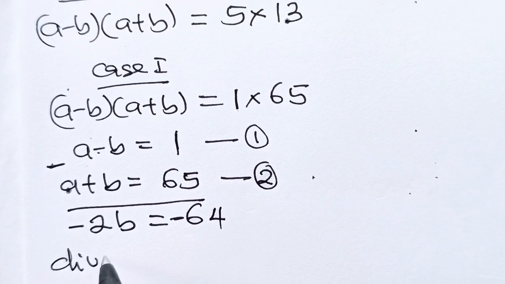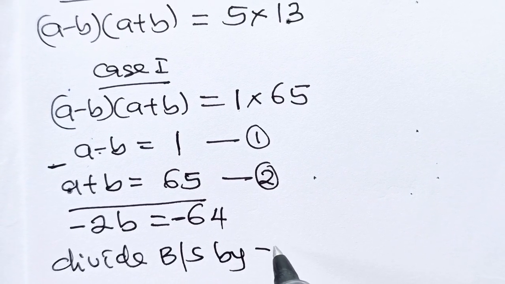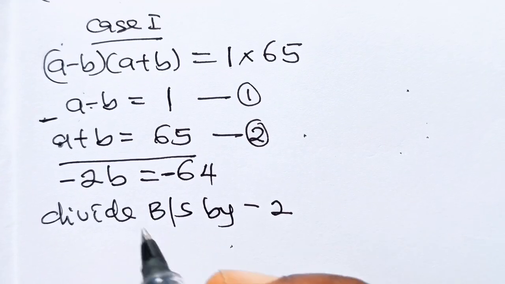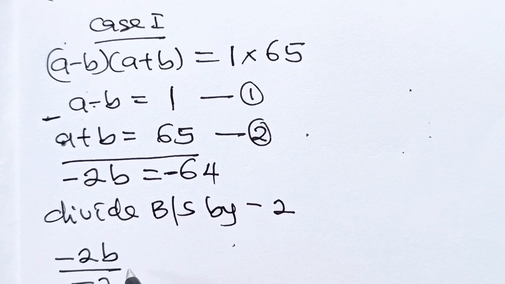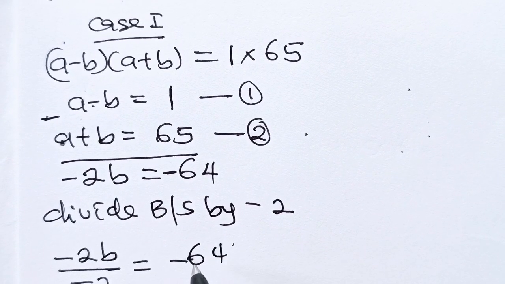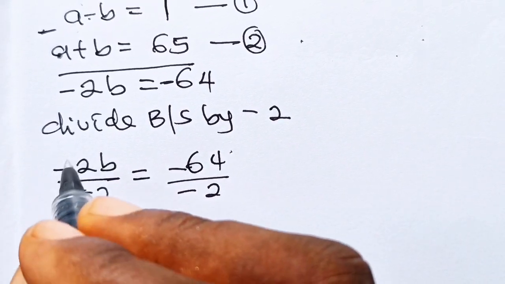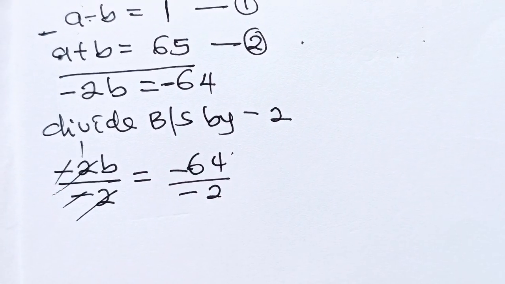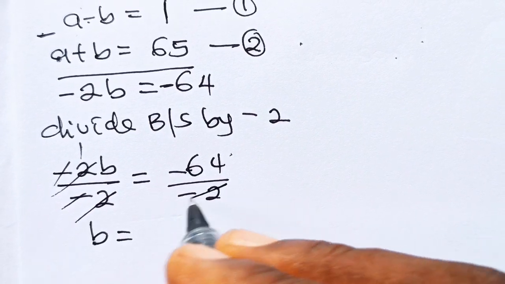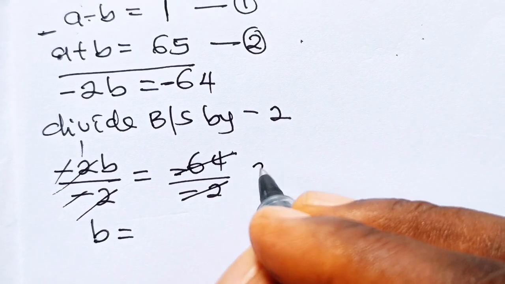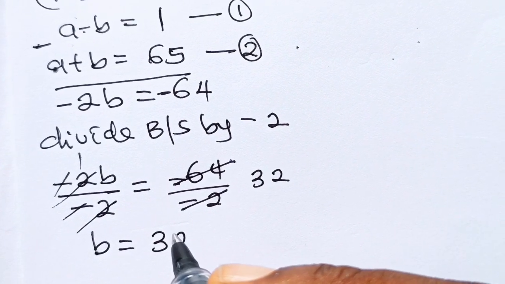Now let us divide both sides by minus 2. Minus 2b divided by minus 2 is equal to minus 64 divided by minus 2. We cancel minus 2 to give us 1, so we have 1 times b is equal to 32. So we can see that b is equal to 32.